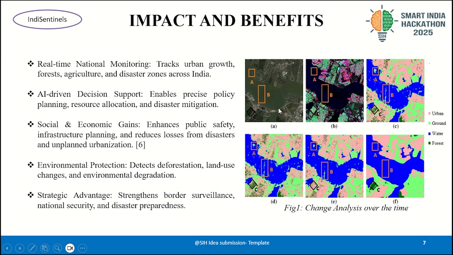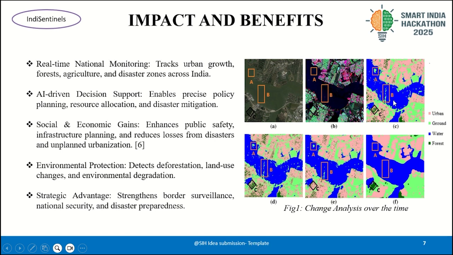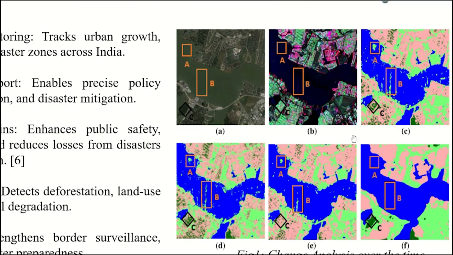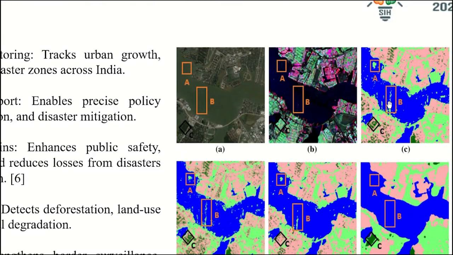And these are the impacts and benefits. As you can see, this was the grayscale SAR image, it was then colorized, and then objects were segmented using the Segment Anything Model. As you can see, this is the water, and this is the land area. We are assuming it as an island in the middle of the water, but as the image moves further, the island is not present in this image.